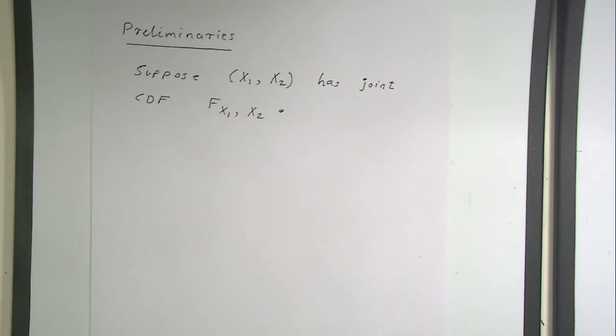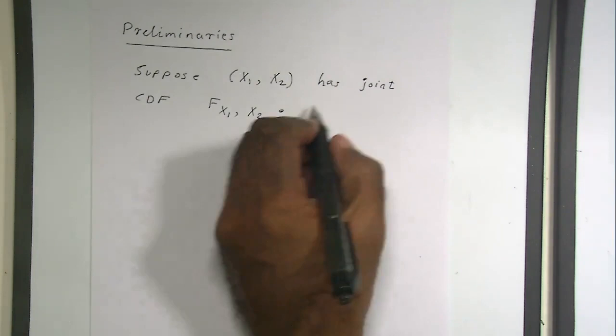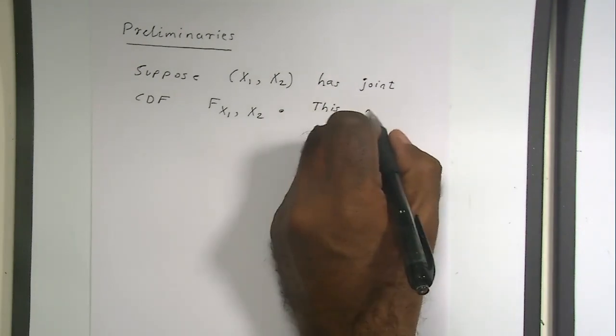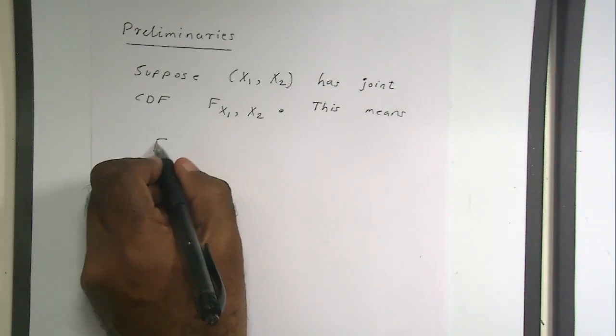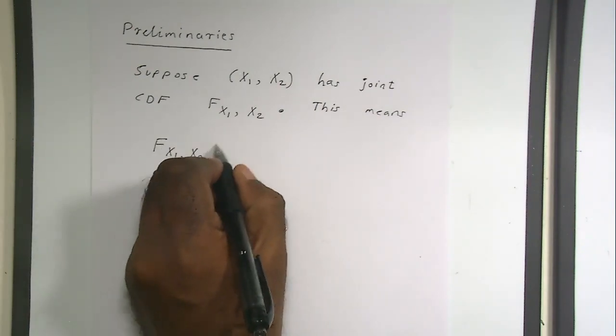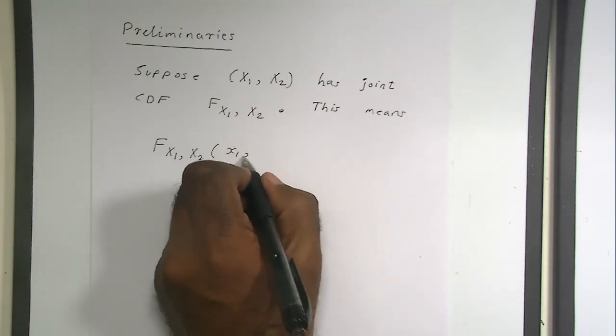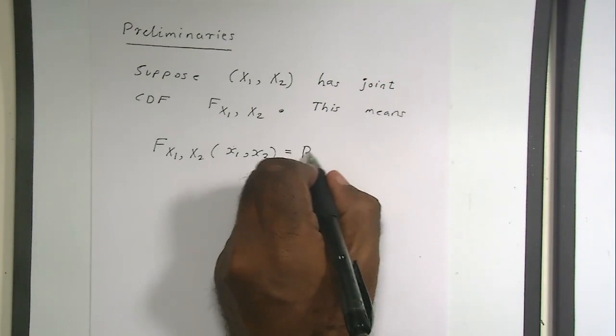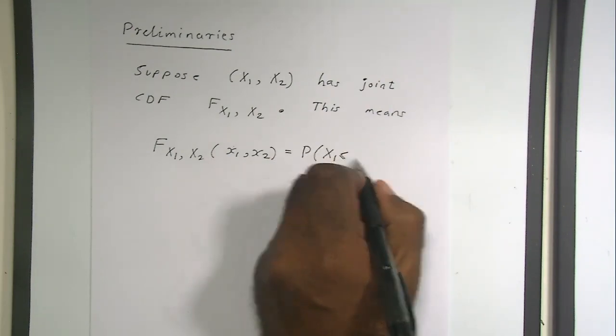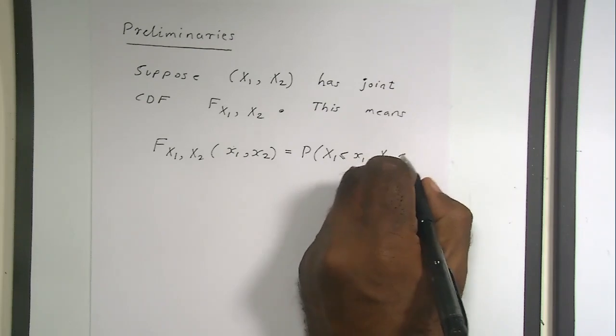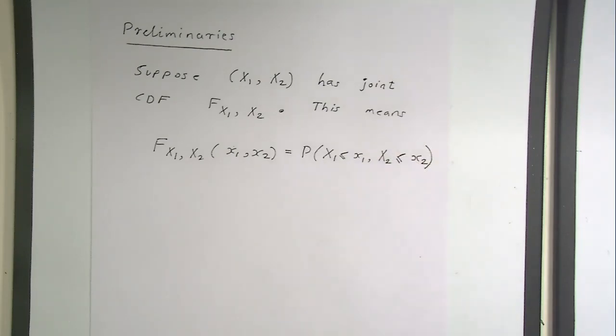What does that mean? This means that the joint CDF is defined as the probability that the variable X1 is less than or equal to little x1, and the variable X2 is less than or equal to little x2.